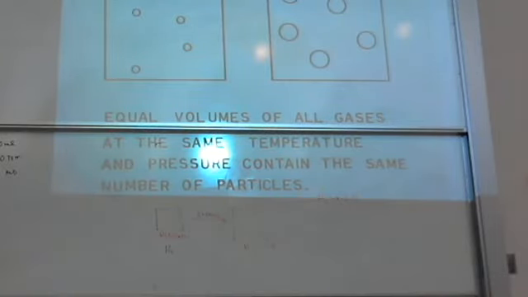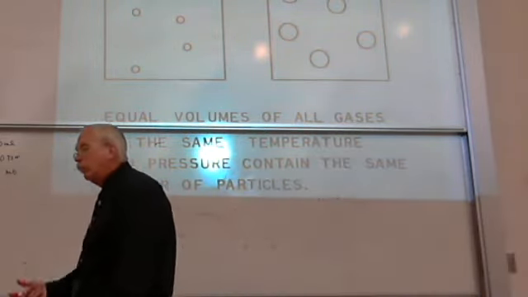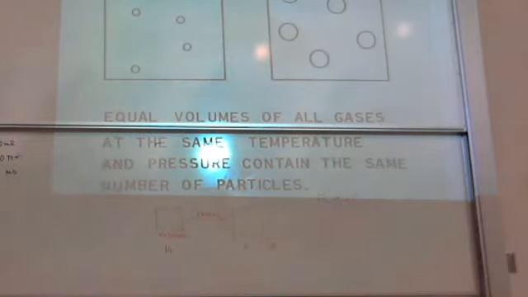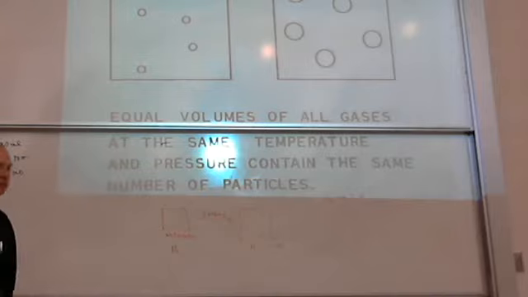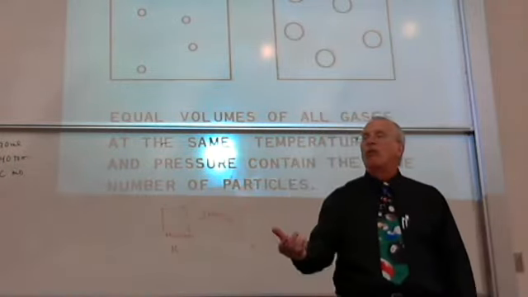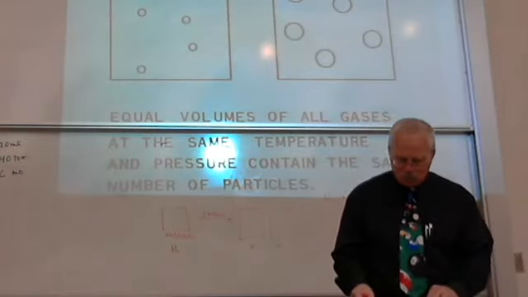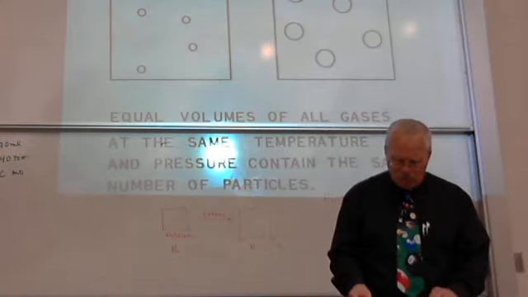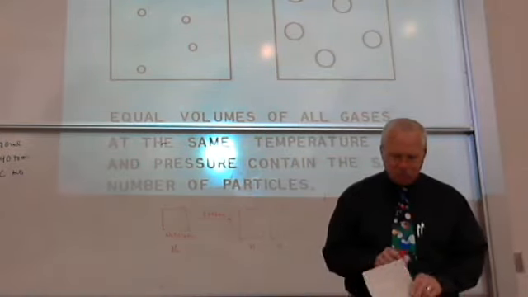Nobody believed him. He died, I think around the age of 50, 52 or whatever, and nobody believed him. It was after his death that they realized, oh my God, Avogadro was right. And now he's famous, and we have a number named after him called Avogadro's number, which is 6.02 times 10 to the 23rd, which kind of honors him in the long run here.